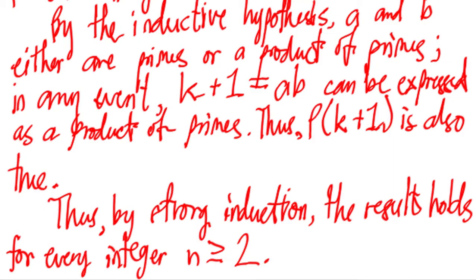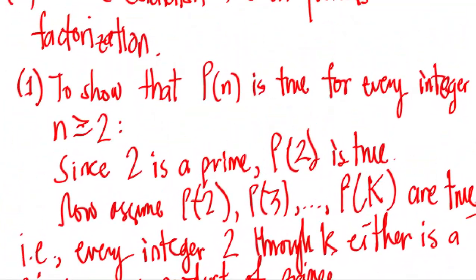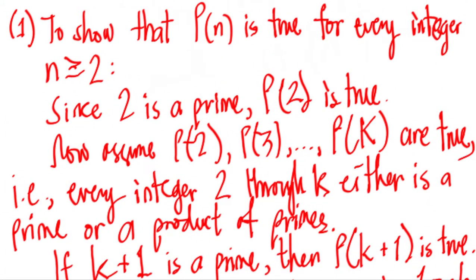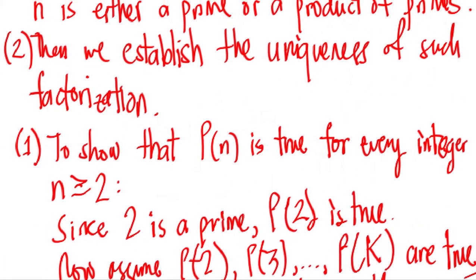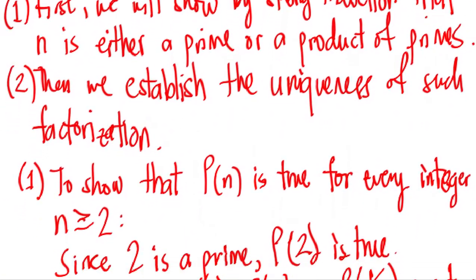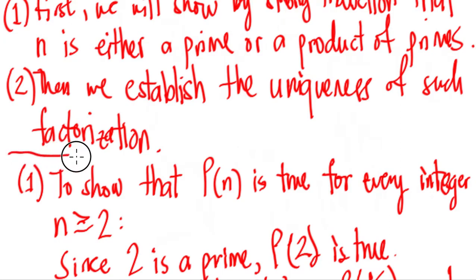So let me explain this a bit, since I have just written them quite hastily. Before this, we denote P of n as the statement that n is a prime or can be expressed as a product of primes. I forgot to write the statement here.